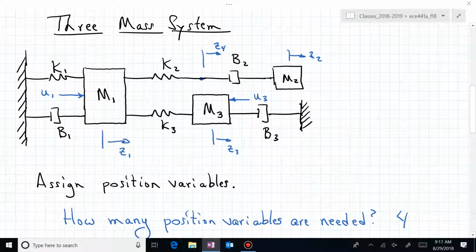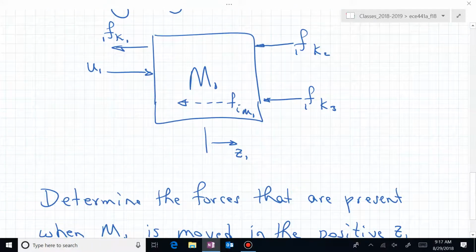To the left. Does everybody feel comfortable with that? So now I have an F sub B sub 1 in free body diagram number 1. That's now my complete free body diagram for mass number 1. I have 1, 2, 3, 4, 5, 6 forces in one free body diagram.